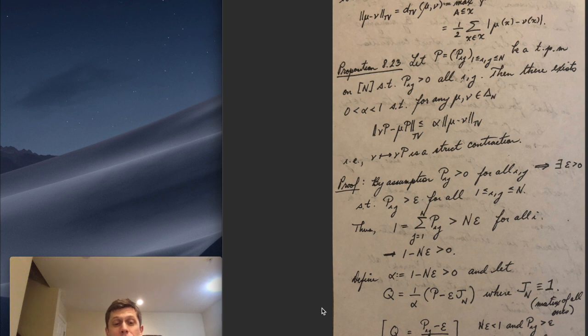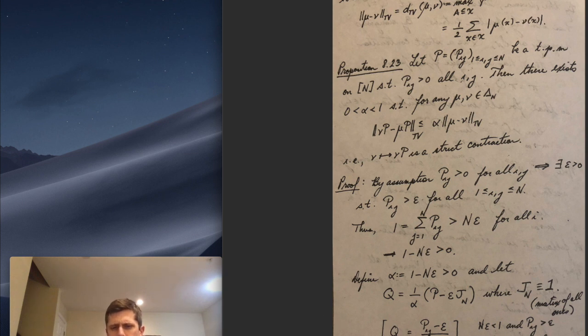We subtract epsilon from all the entries. I have this matrix J here, which is just a matrix of all ones. This has the effect of making all the entries Pij minus epsilon, and then we renormalize by alpha to make sure everything adds up to 1. So Q is again a stochastic matrix.